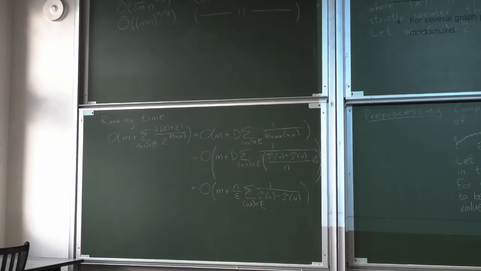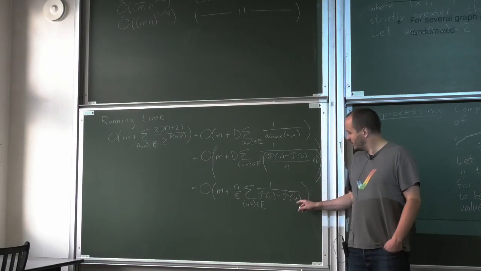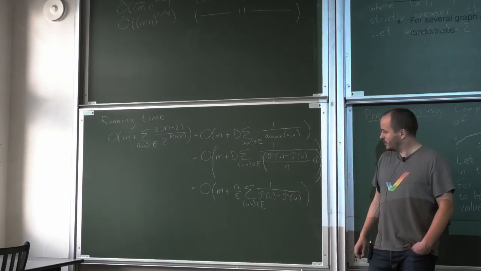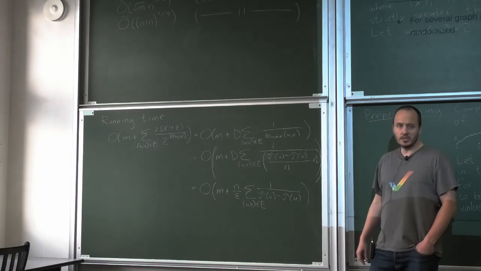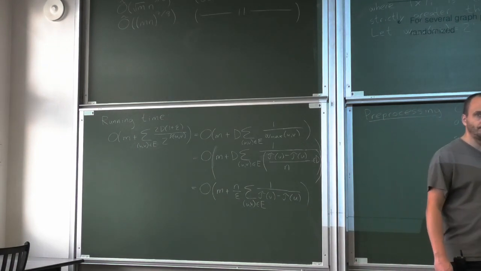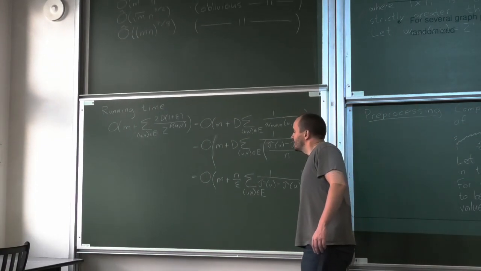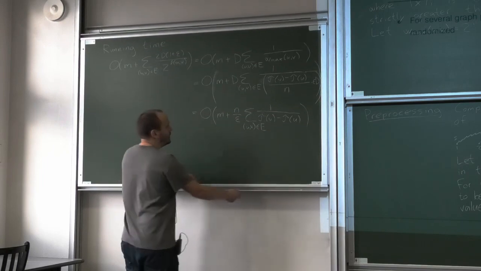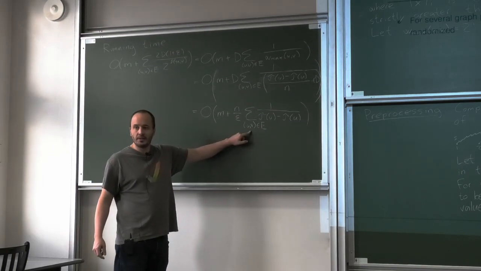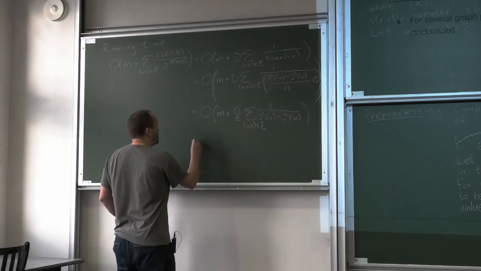No suggestions? Or any idea what we could do with this? Could we change it somehow so it's easier to calculate? So okay, let me do one more step and then you can try to think about it again. So instead of summing over all edges, just having one sum, let's make a double sum.